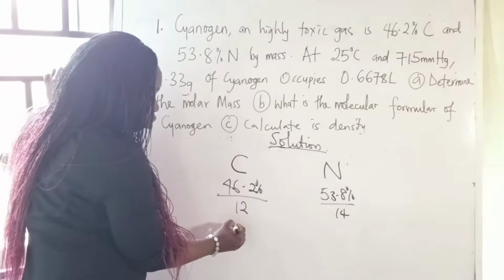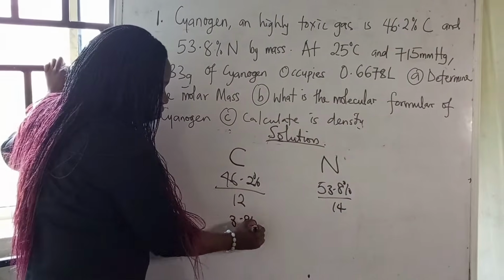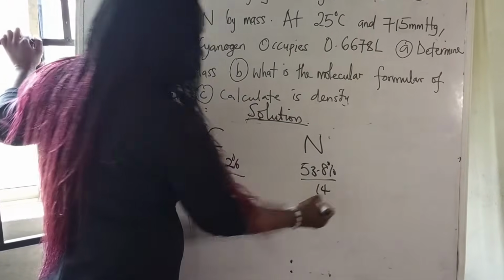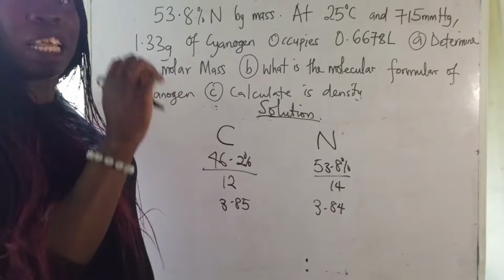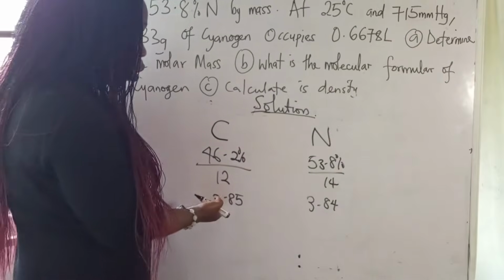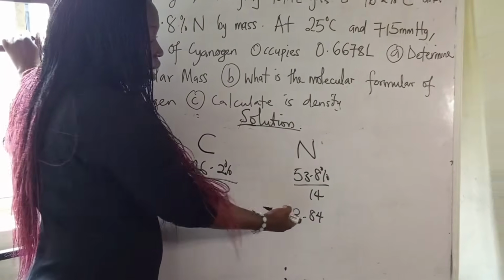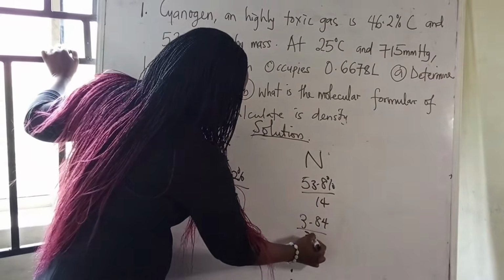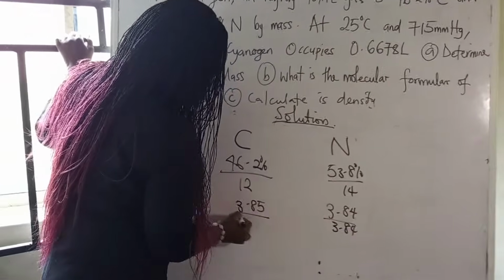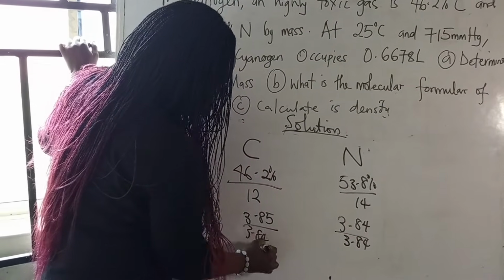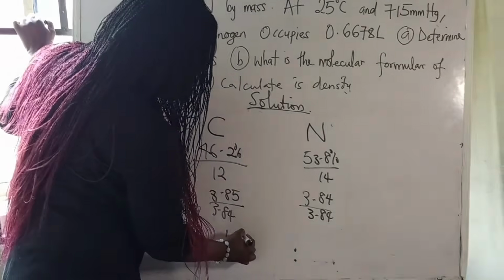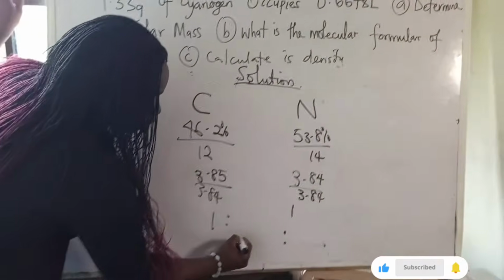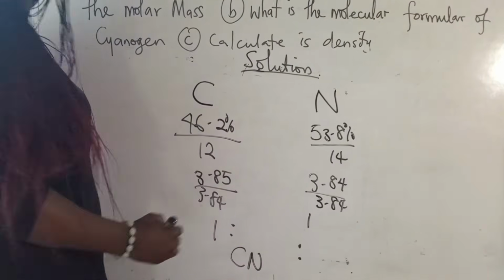When you divide through, you will have 3.85, and this you will have 3.84. Then you divide through by the lowest number by comparing the number of carbon and that of nitrogen. When you take a ratio of 3.84 to 3.84, this will give us 1:1. When you have gotten 1:1, it means your empirical formula is CN.